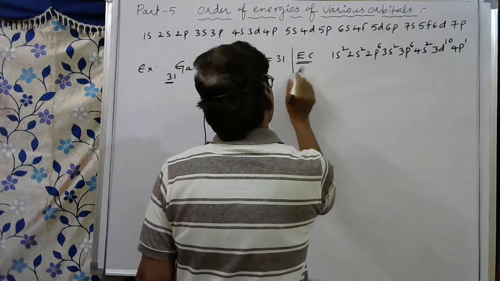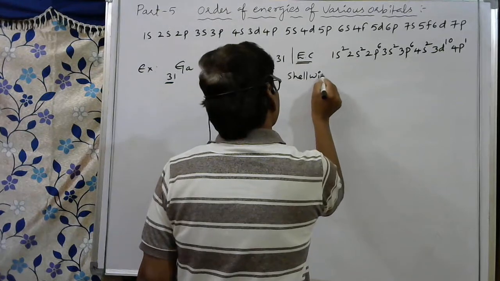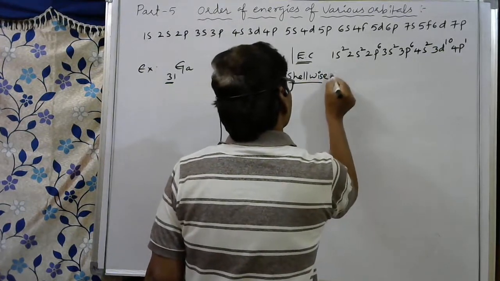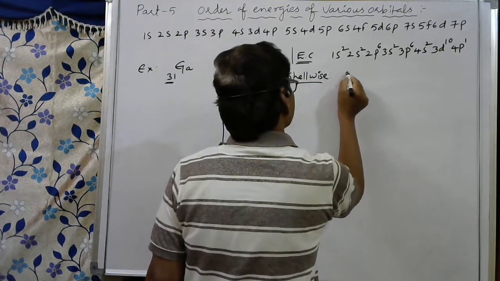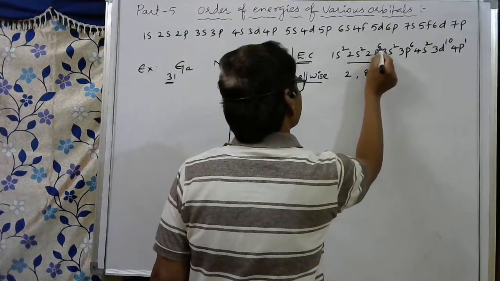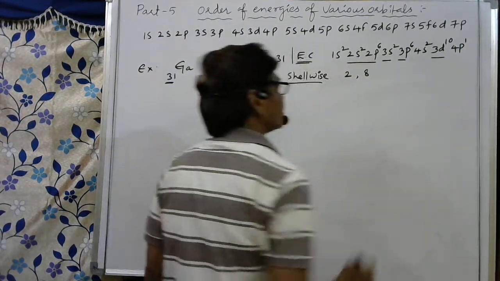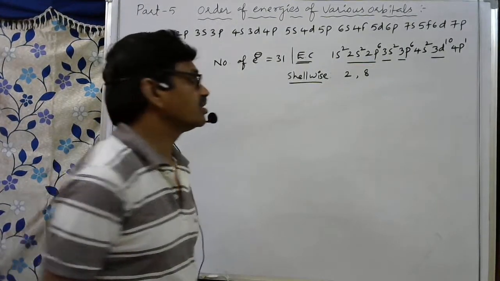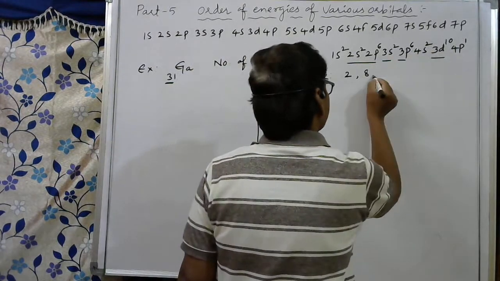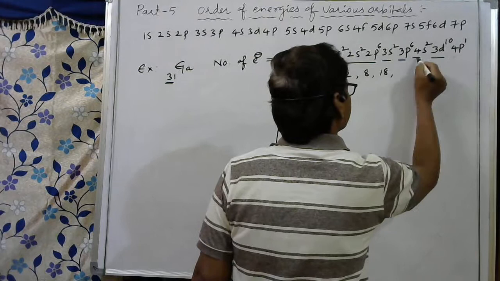Then here I am writing the shell wise configuration. Shell wise means in the first shell only 2 electrons. In the second shell, comma, 8 electrons, 2 plus 6. In the third shell, 3s, 3p, 3d: how many electrons are present? 2, 6, 10, so 18 electrons are present. Then in the fourth shell, 4s, 4p, 3 electrons.